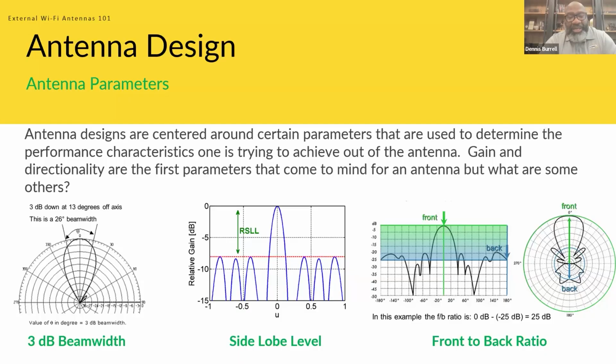And then your side lobe level. For side lobe levels, this is really important when you're looking at high density designs, right? Because you want your main lobe to be a certain level above any of the side lobes of the antenna. And the side lobes of the antennas are basically just different harmonics of the antenna that's coming through.